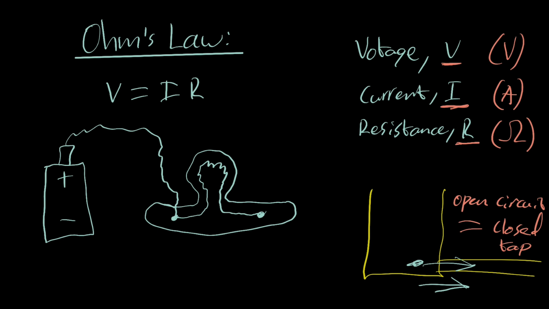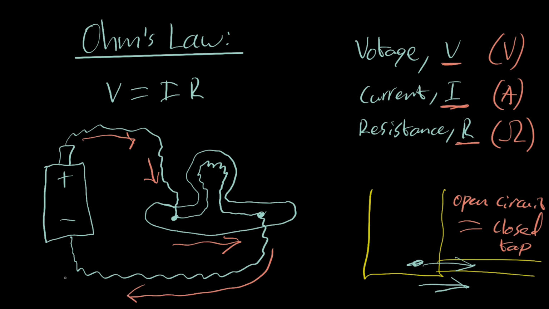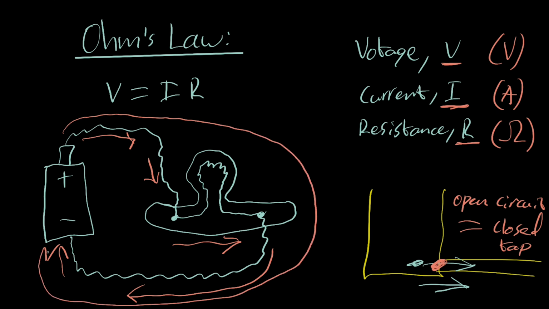So if we close the circuit by completing it with another wire, allowing the current to flow through the whole circuit, all the way through the light bulb and back to the negative side of the battery, this is seen as opening the tap here at the bottom and allowing the current to flow. So the most important takeaway here is that current needs a completed loop to flow, and it always flows from the positive side all the way through this completed loop to the negative side.